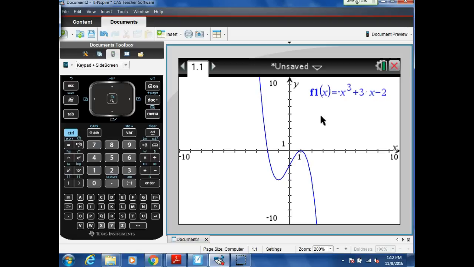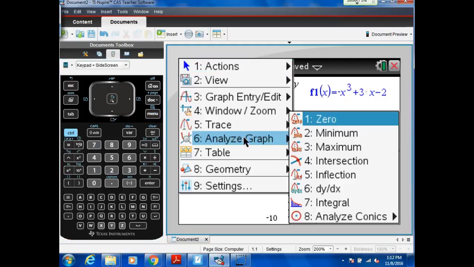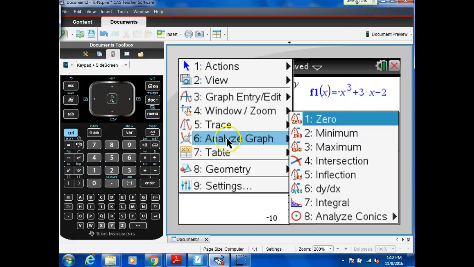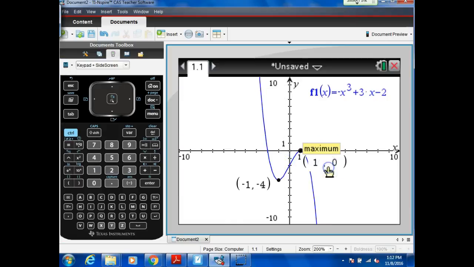One of the things it asked for was the minimums and maximums, right? So let's find those right away. We can analyze our graph. Minimum, that's going to be a low point. Maximums are going to be high points.